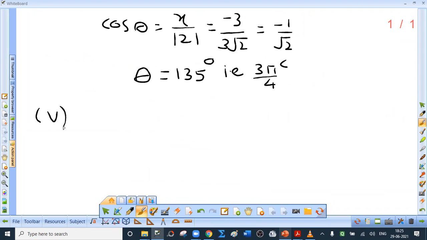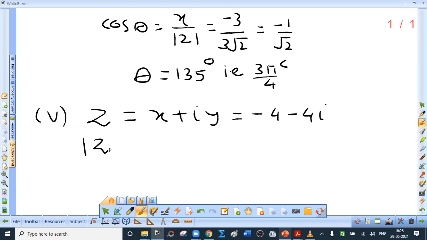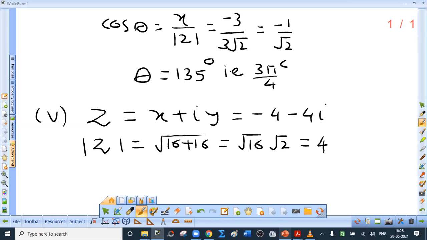Now sum number 5. So what is z? z is x plus iy, which is minus 4 minus 4i. So mod z is root of 16 plus 16, that is root 32. So root 16 root 2, which is nothing but 4 root 2.